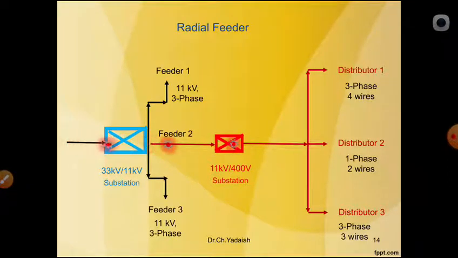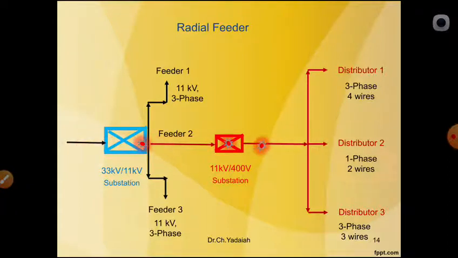So what are the disadvantages? If one line fails at any place, the total system collapses. That is a disadvantage of the radial system. But the majority of lines are like this only, so you have to remember this. It is simple and the cost is very low, but voltage drop at the last consumer may be affected, and it is not a reliable system.